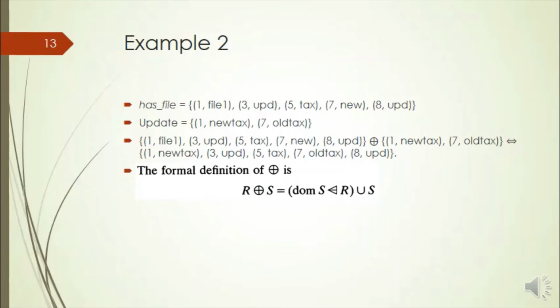Now by applying the overriding operator, we get that user 1 now has a new text file and user 7 now has old text file, and this updation is reflected in the returned relation set.